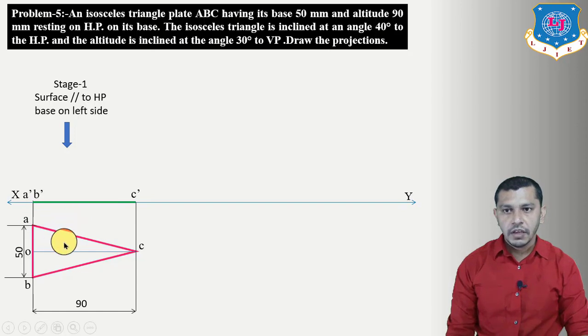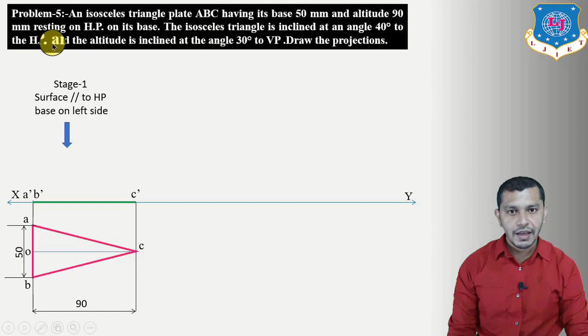Now in the second step we have to derive the condition with the horizontal plane, because the plane is resting on HP, and here it is given that the isosceles triangle is inclined at an angle of 40 degrees to the horizontal plane. That means the surface of the triangle is inclined at an angle of 40 degrees to the HP.